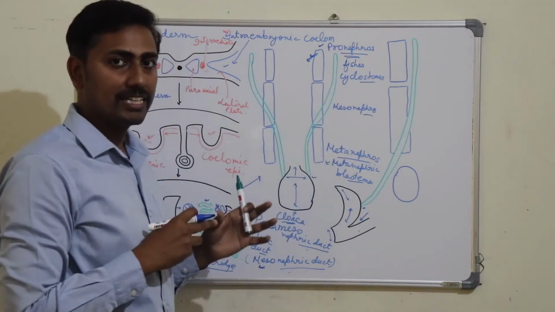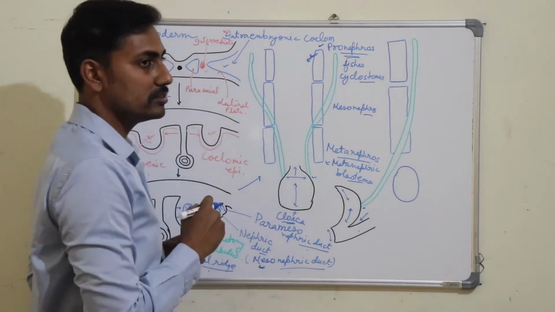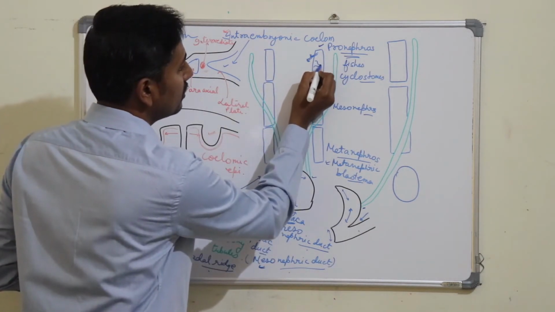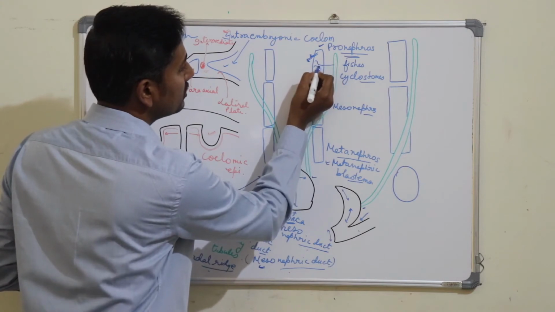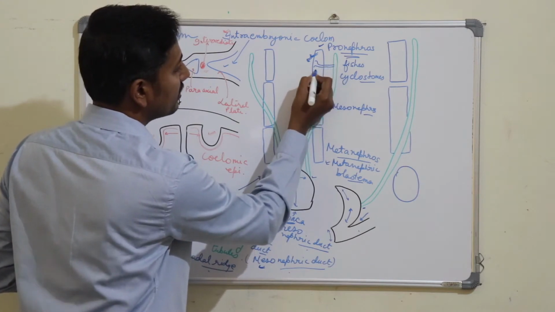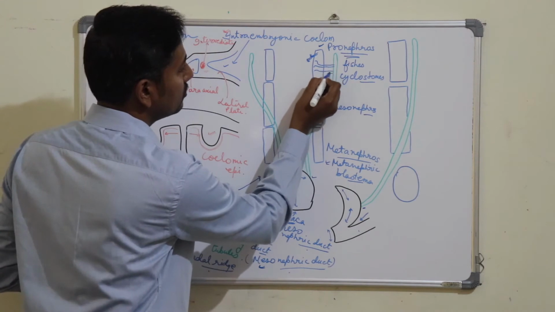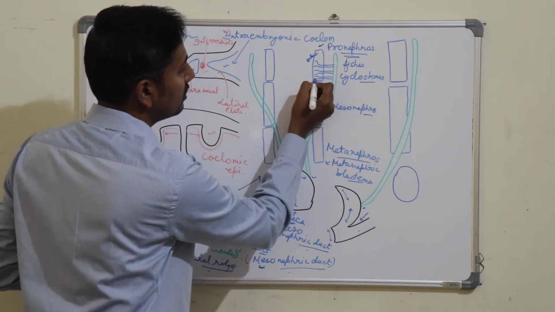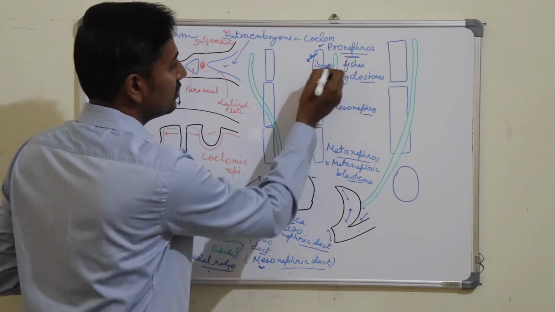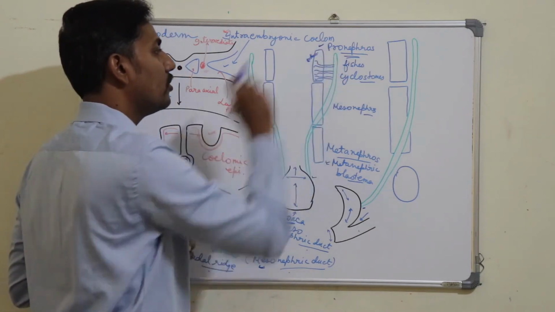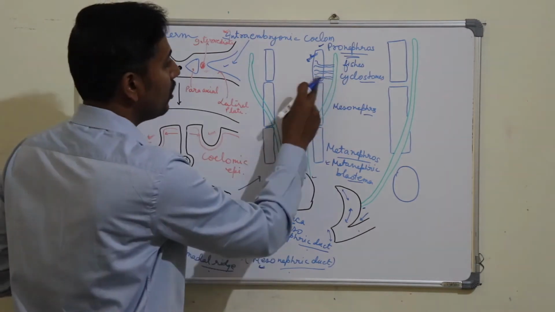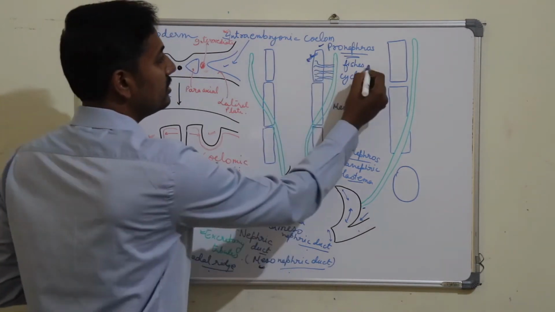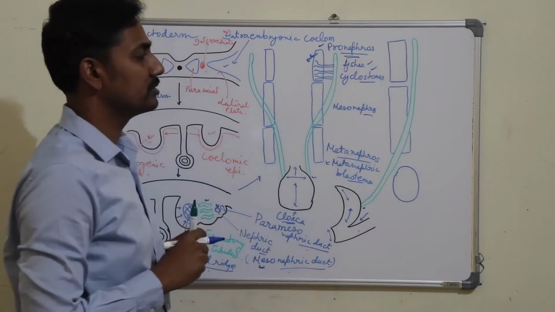If you take a section of this pronephros, small excretory tubules are formed which drain into this duct, the nephric duct, which is related to the pronephros. These small tubules act like a functional kidney in these fishes and cyclostomes.